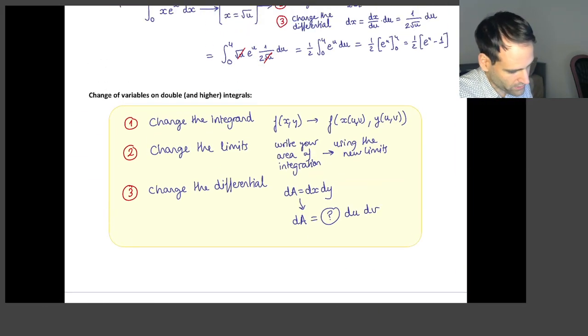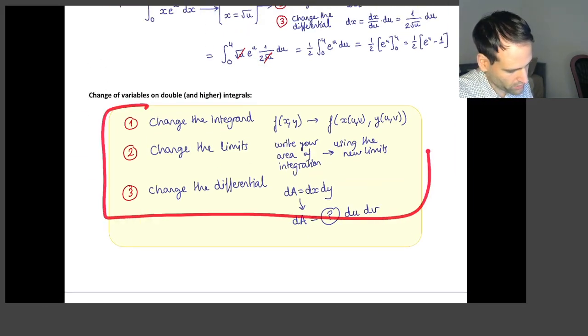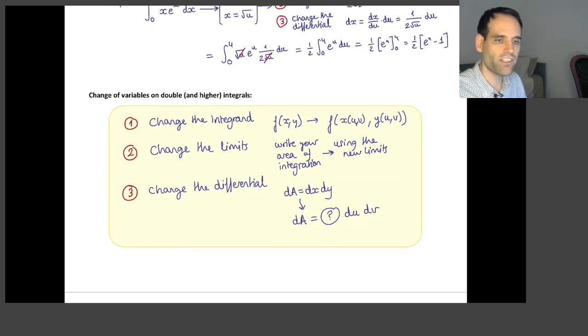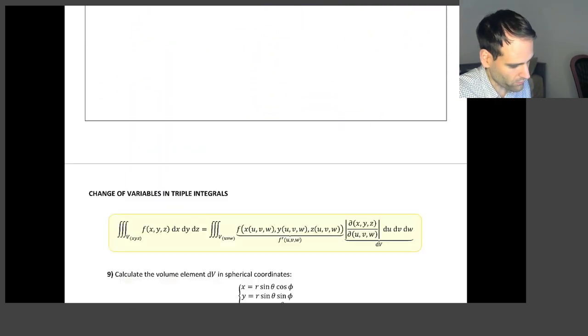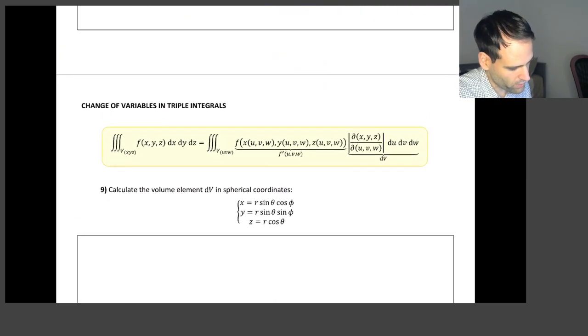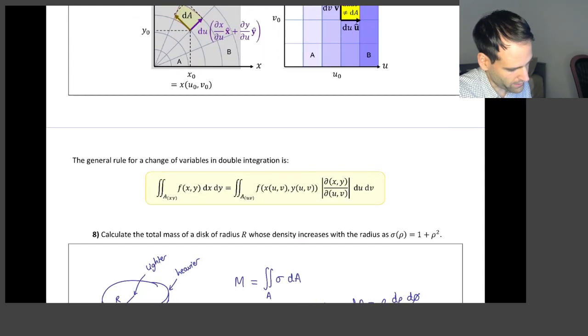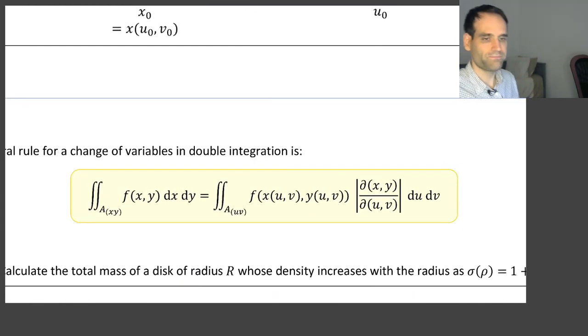So these 3 steps, changing the integrand, changing the limits, and changing the differential, they are very easy to understand, and they can be summarized in a long equation. Rather than listing the steps, we can actually summarize in this equation. Okay?